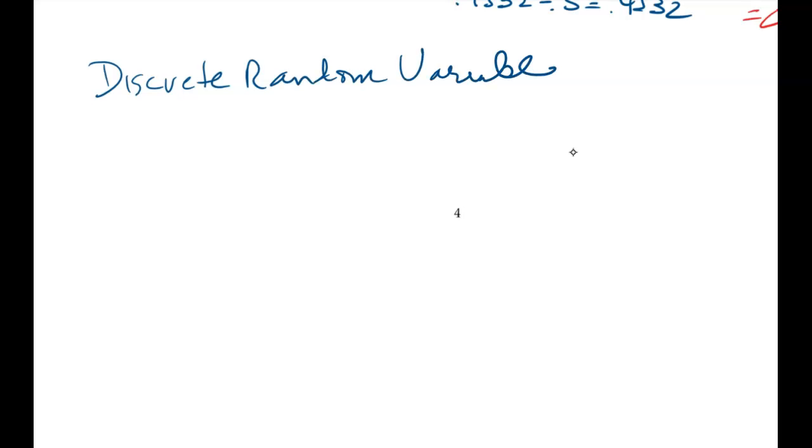This was not on the review, but this is sections 5.1 and 5.2 that had gotten some questions. So if we are given the information with a discrete random variable, you are given the probabilities.